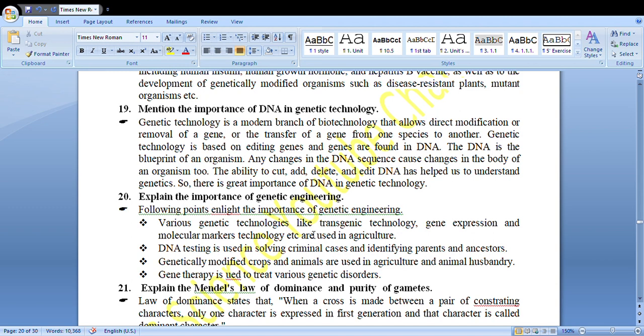Various genetic technologies like transgenic technology, gene expression, and molecular markers technology etc. are used in agriculture. DNA testing is used in solving criminal cases and identifying parents and ancestors. Genetically modified crops and animals are used in agriculture and animal husbandry. Gene therapy is used to treat various genetic disorders.